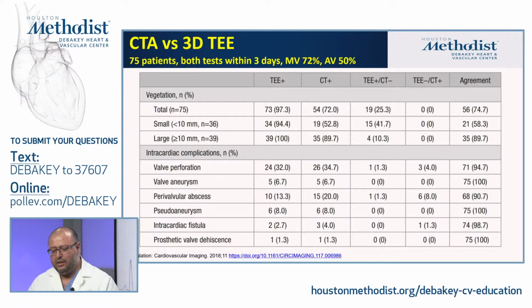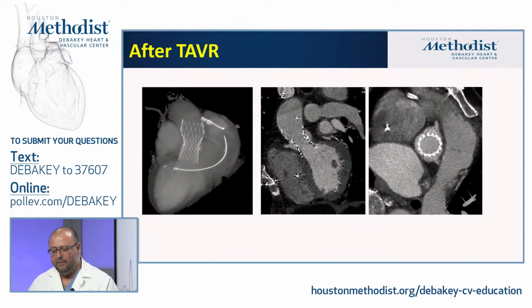What CT missed were mainly the small ones, which are less than 1 centimeter. But if you're looking for intracardiac complications, this is where CT has a higher edge, where it picked up more perivalvular abscesses compared to TEE, and this is mainly because of the increased spatial resolution of CT.